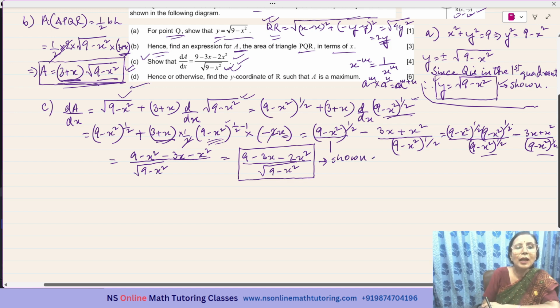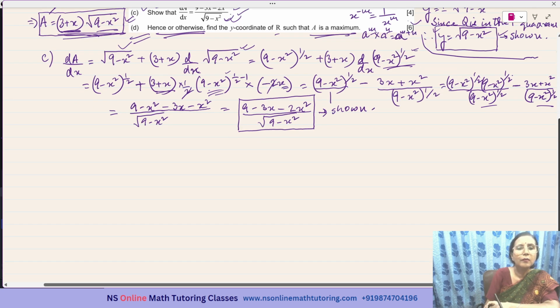Okay. Coming to the last subpart, hence or otherwise, find the y coordinate of R such that A is a maximum. It is containing 6 marks, and we know if A is a maximum, then dA by dx expression will be equal to 0. Okay.